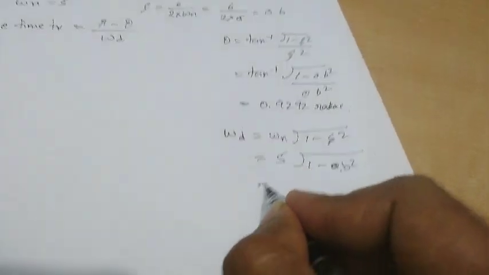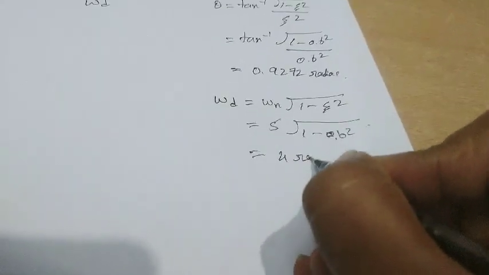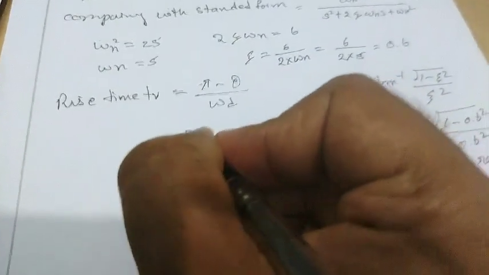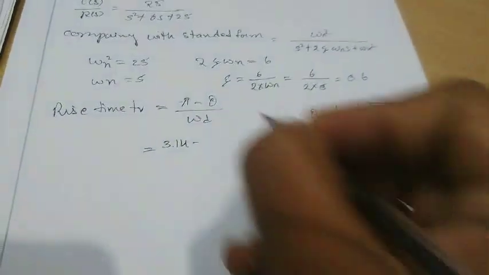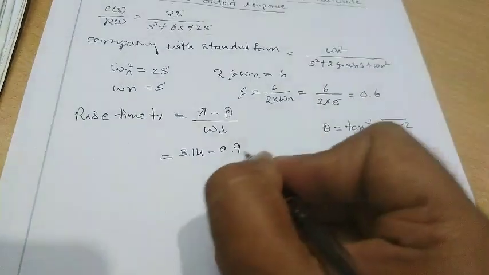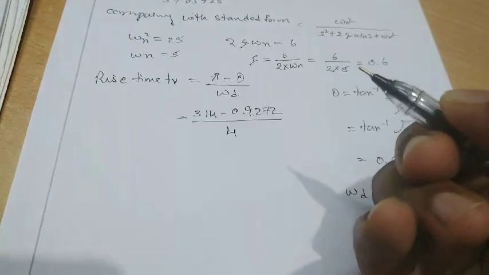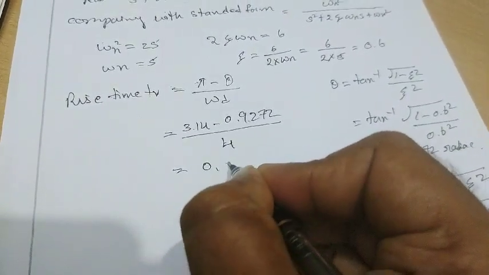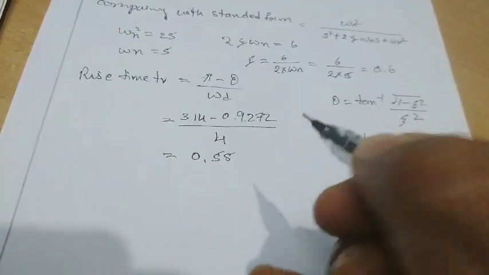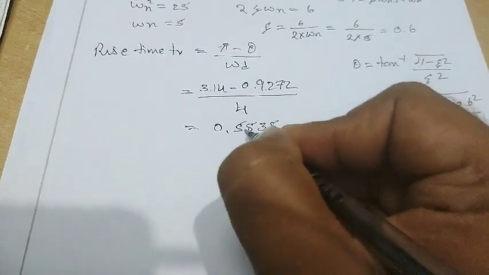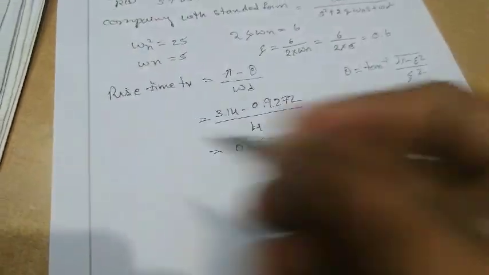So this omega d value you will get as 4 radians per second. Substituting these two values, pi is 3.14 minus theta is 0.9272 radians divided by omega d is 4. So this value I'll get as 0.55535 seconds rise time.